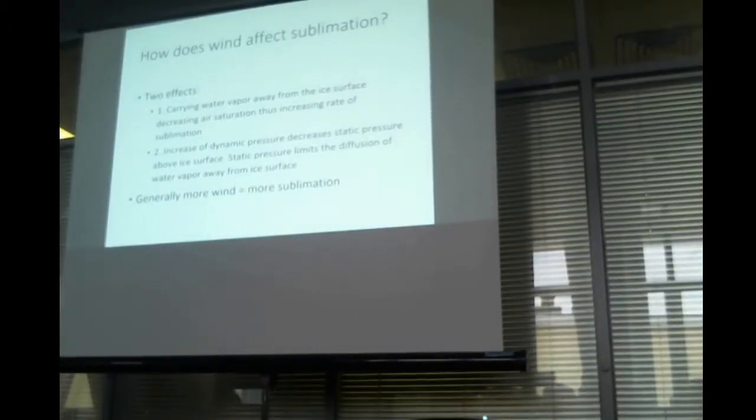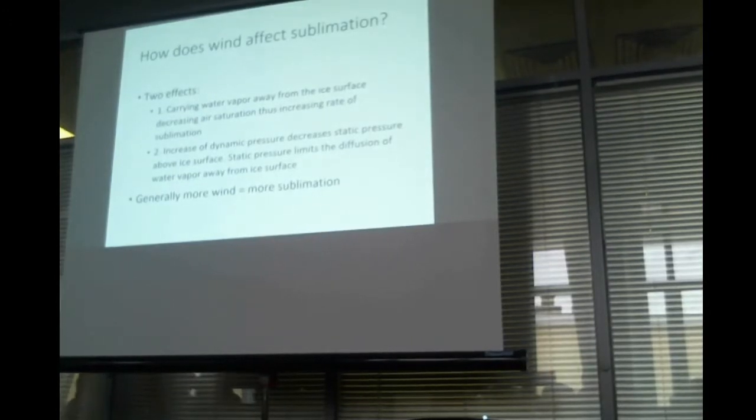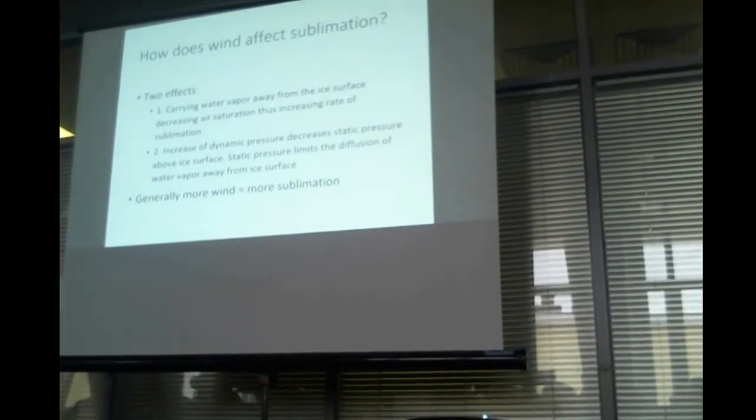So to calculate something, we must know how wind affects sublimation. We found two effects of wind. The first one, which we will call dynamic sublimation, is carrying water vapor away from the ice surface, thus increasing the rate of sublimation.